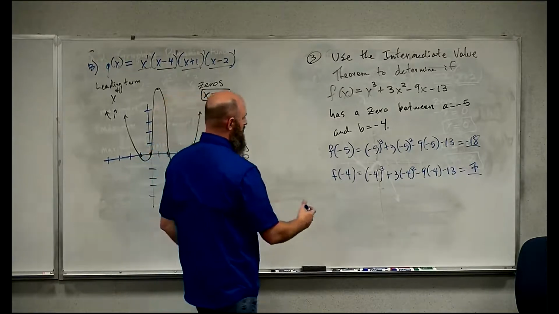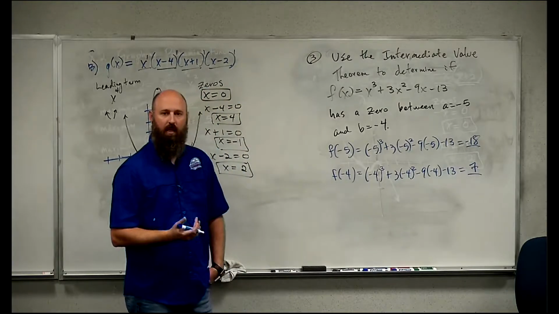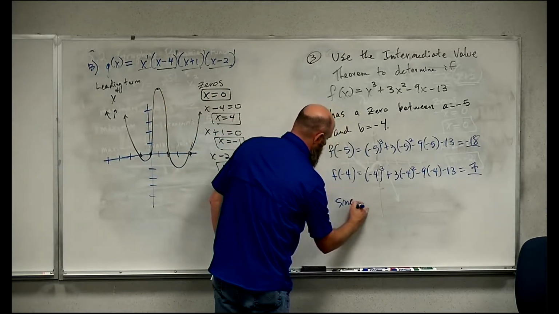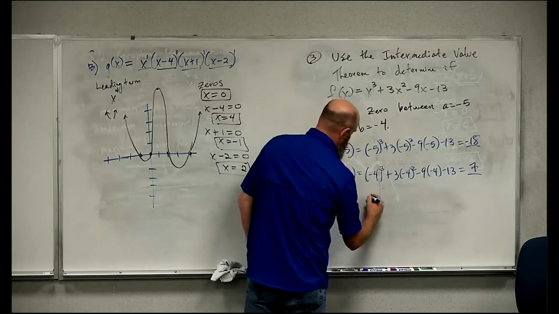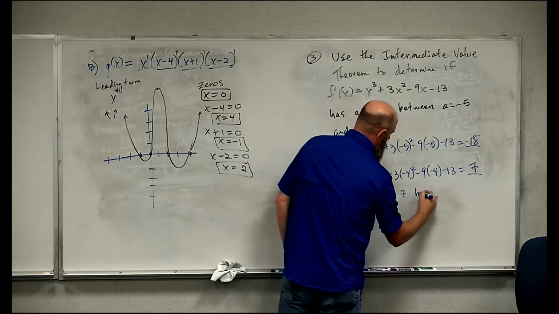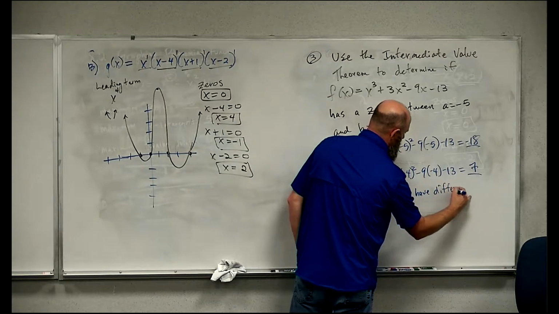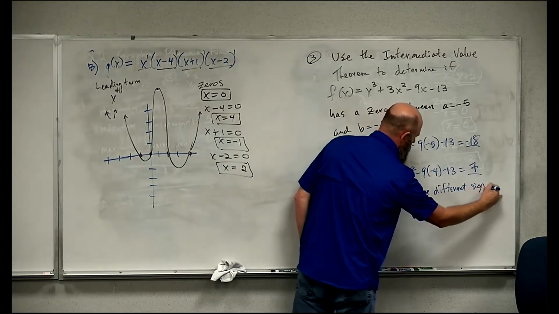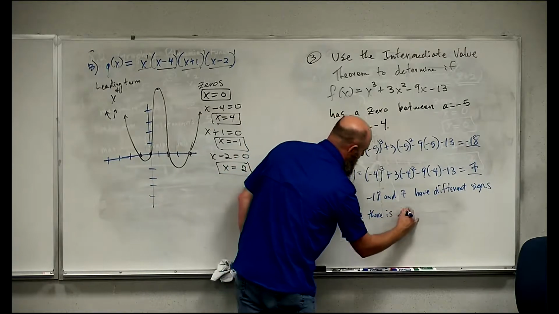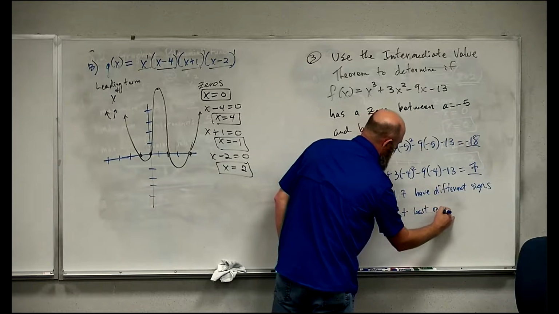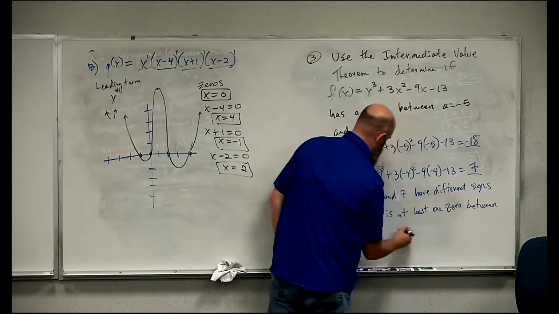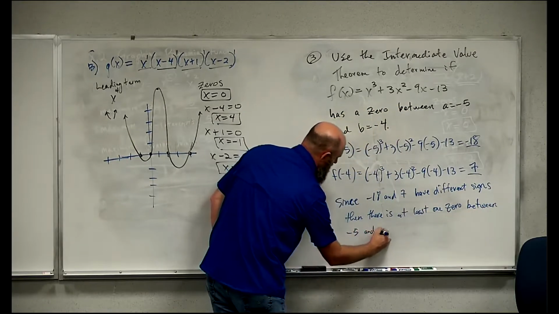So now we compare those and we say, is there a 0 between a and b? Since -18 and 7 have different signs, then there is at least 1 zero between -5 and -4.